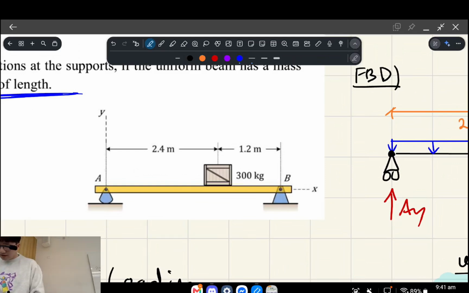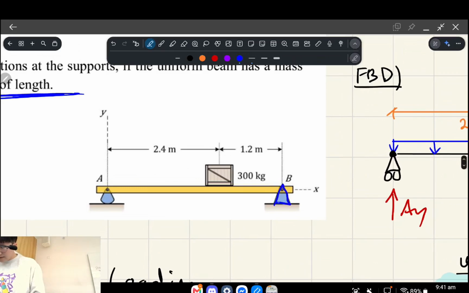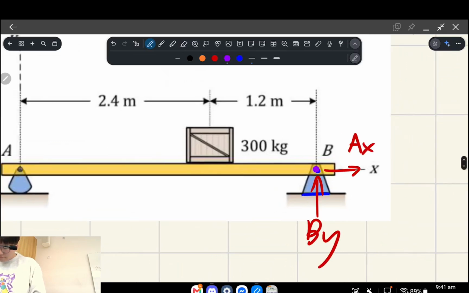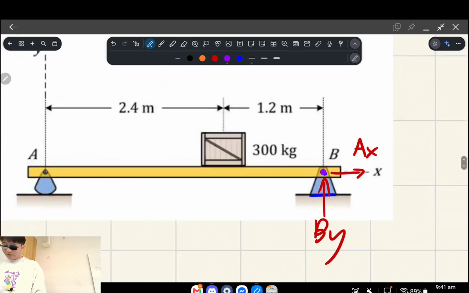So if we look at the support on the right, this kind of lines up with what I drew before with a pin support. So the idea is that this support that's holding it is fixed to the ground, and so it's going to resist any vertical loads as well as horizontal loads. And you can see that it has this pin that it spins about, which allows for it to freely rotate without any friction.